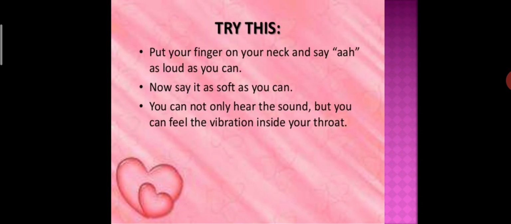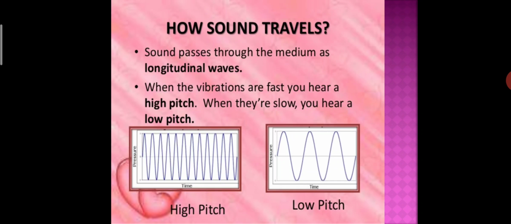Okay. Now let's see how sound travels. When we are talking about how sound travels, we can say that sound passes through a medium. Sound passes through the medium as longitudinal waves.